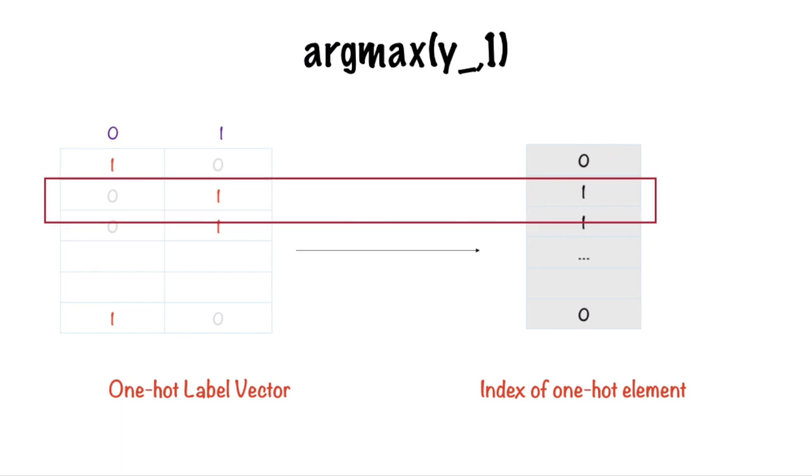It will give us a value of 1 if the label was false, that is, Google stock is down. The result of argmax is the index of the one hot element. A list containing zeros and ones, as you can see on the right side of the screen, is the result of applying tf.argmax on our y underscore actual labels.